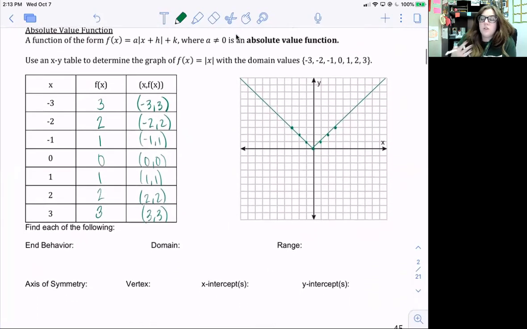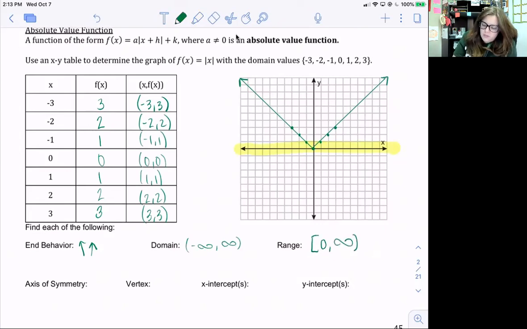For end behavior, we're simply going to use arrows. So our end behavior is up, up. Our domain, since we go from the far left to the far right, is -infinity to +infinity. The range, our bottommost y value, is 0, going up to infinity. So 0 to infinity.